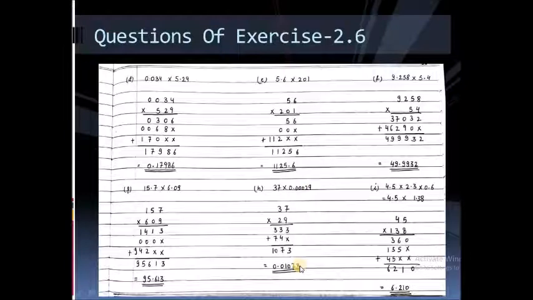So in the answer you have to leave 5 digits from the right, but you can see here in the product only 4 digits are there, so I put double zero in front of them. Now you can leave 5 digits from the right, 1 2 3 4 5, and put the decimal. Okay, because 1073 can be written as 001073, right?